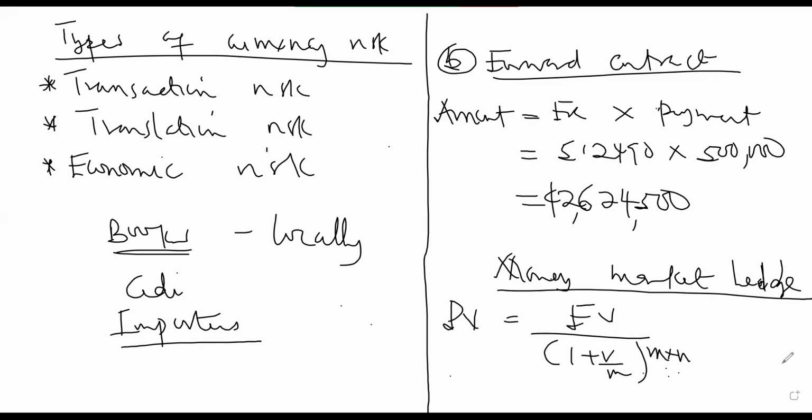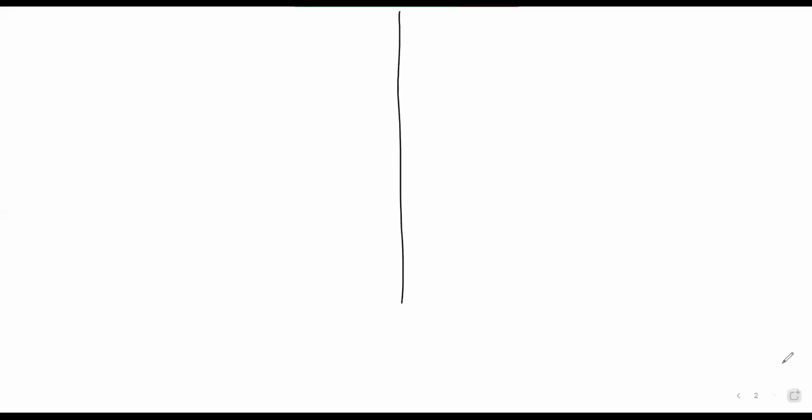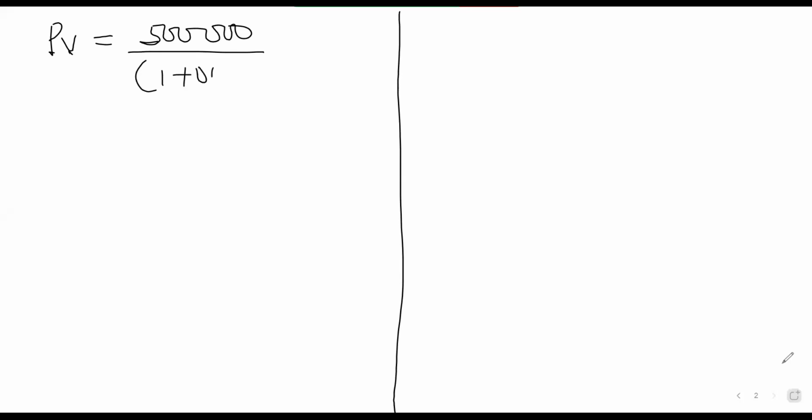So we can now go ahead and say that our present value in pounds will be equal to the 500,000 divided by 1 plus 0.024 divided by 6, because it's 2 months. So for this one, the exponent will just be 1, because we are doing 6 months already.